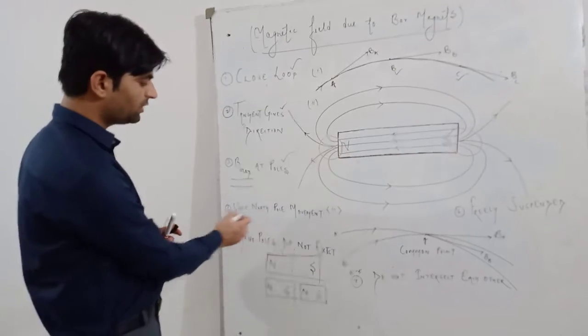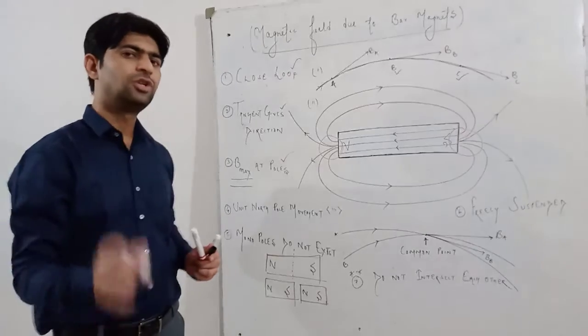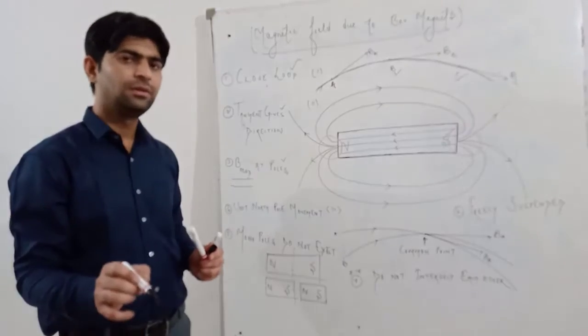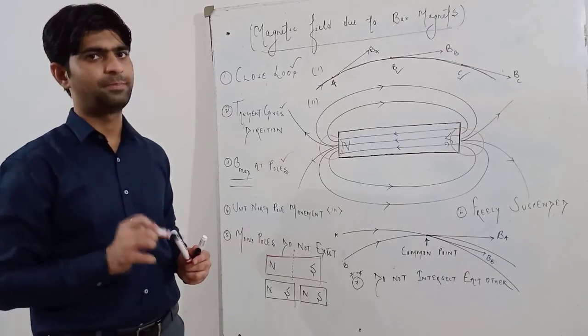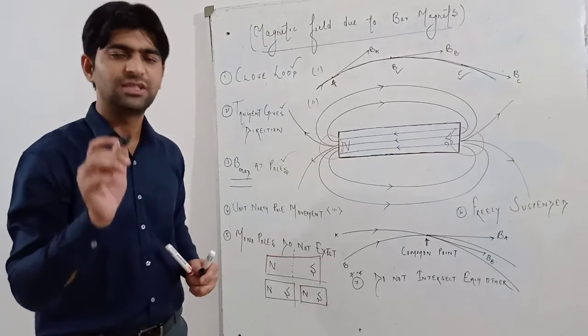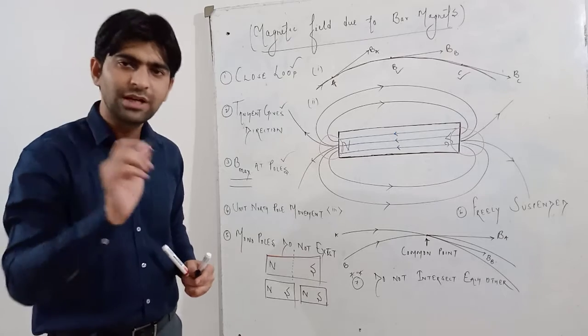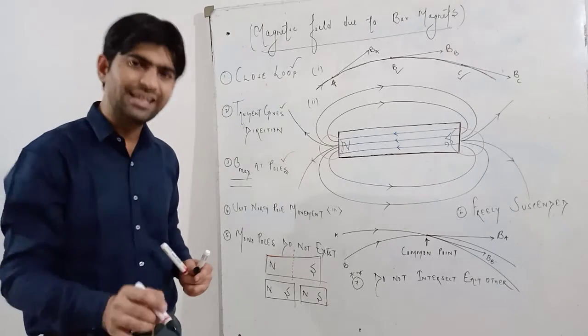What we are talking about in the fourth point, the unit north pole, is a hypothetical pole which we take to define the magnetic field lines. Magnetic field lines are the lines along which the unit north pole can move if it is free to do so. Magnetic field lines are the pictorial representation to indicate the magnetic field.